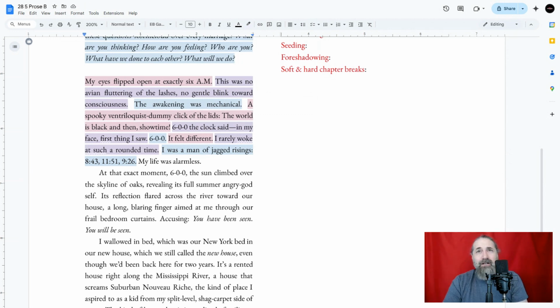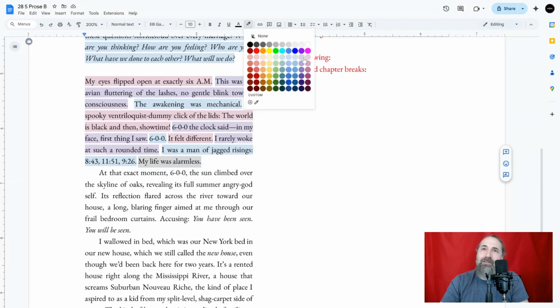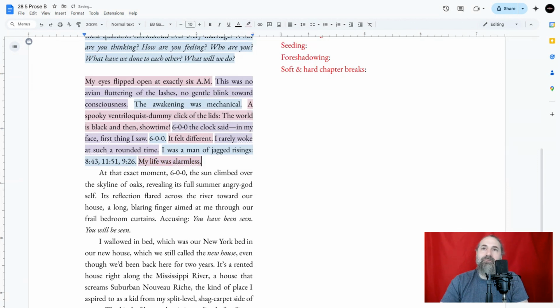This is character and plot, because it's setting their schedule and who they are, but it is mostly character development. "My life was alarmless." There's a lot going on here.